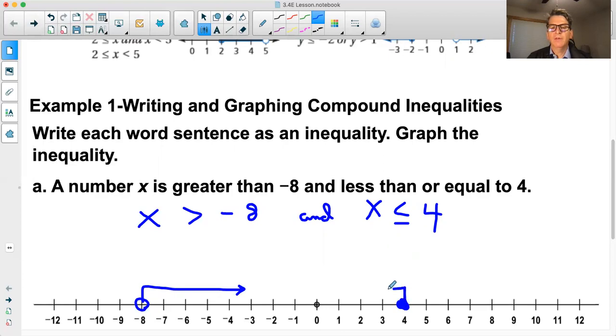And you can see where they meet, where they overlap. So the graph of this compound inequality would look like this. It's everything where they overlap. It does include the 4, but it does not include the -8.